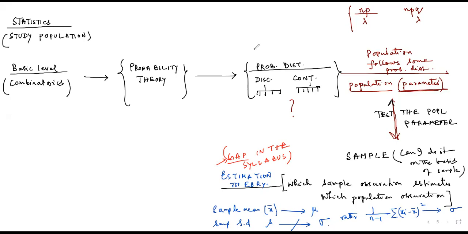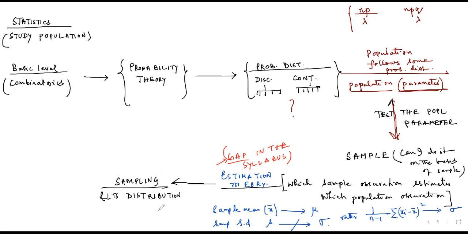Once you are sure that we can draw conclusions about the population using the sample statistic, then, once this is verified, we go for sampling and its distribution.